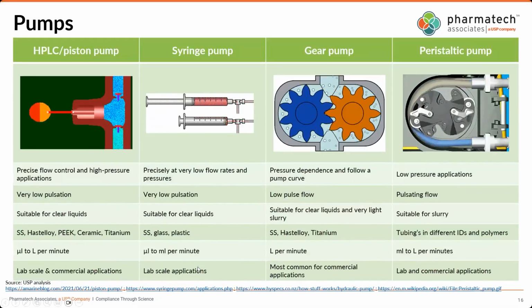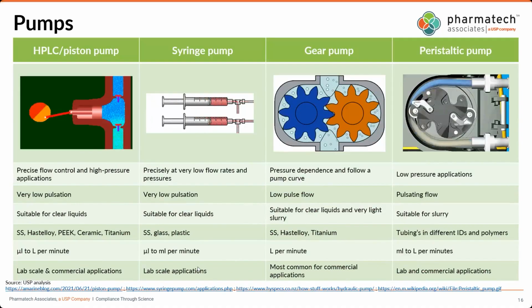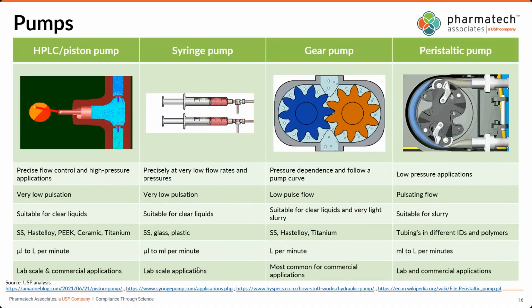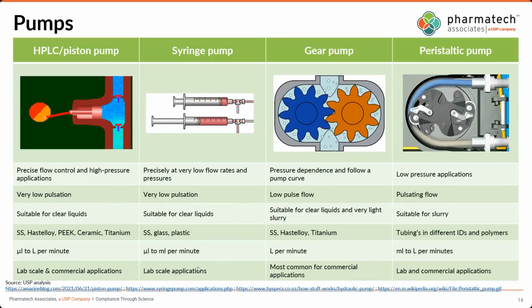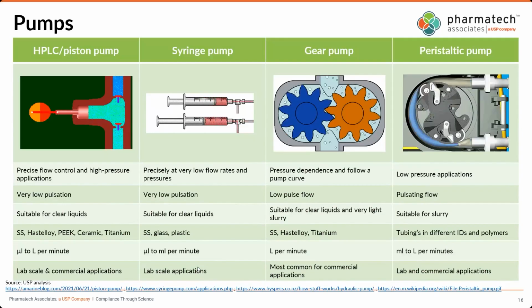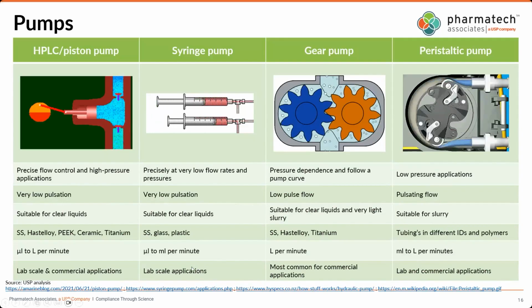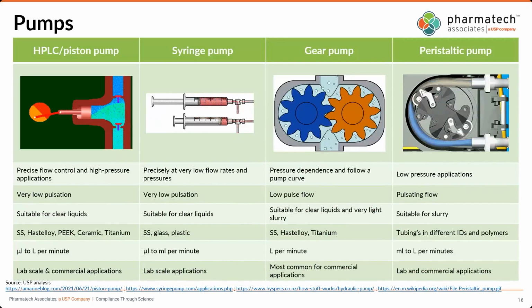Here is a quick comparison of the four basic types of pumps that are used in continuous manufacturing setups. The first and most commonly used are the HPLC or piston pumps. Those are reciprocating, positive displacement pumps.